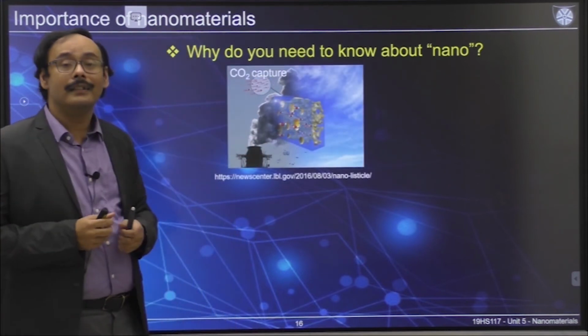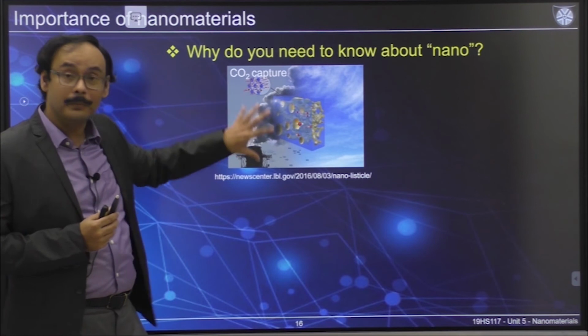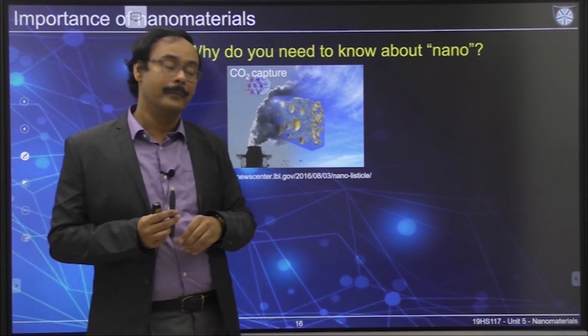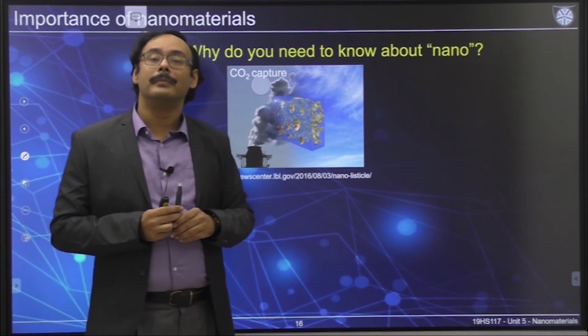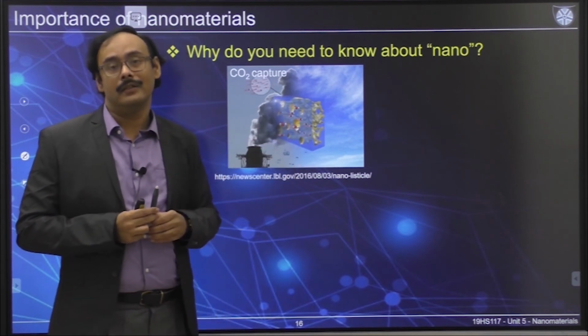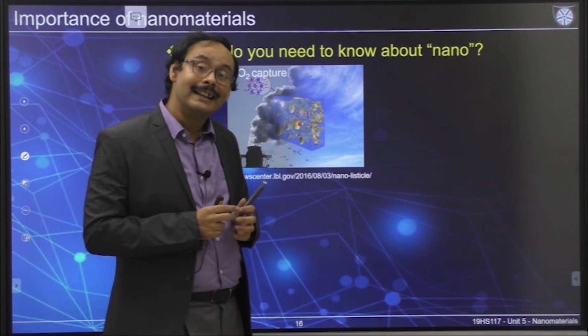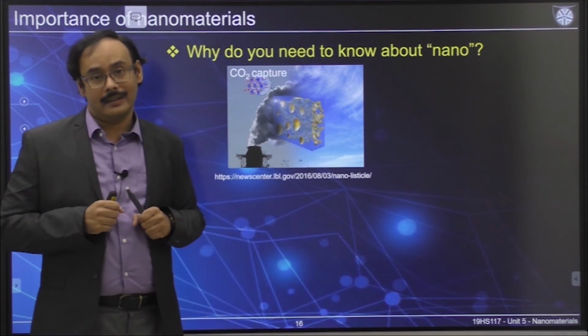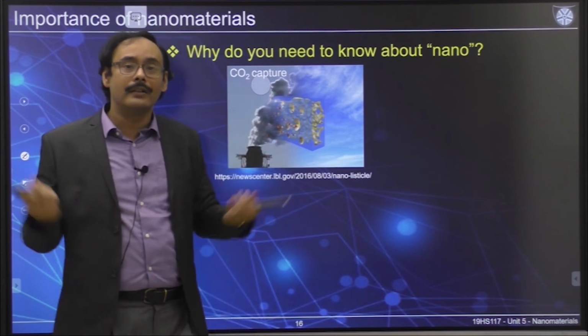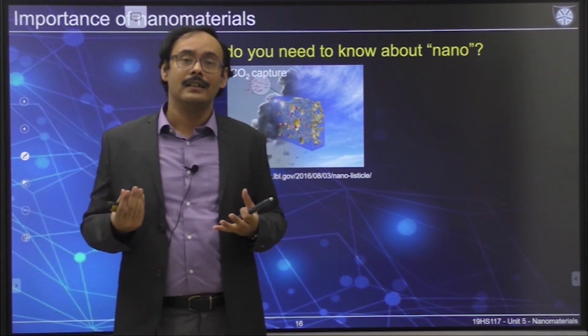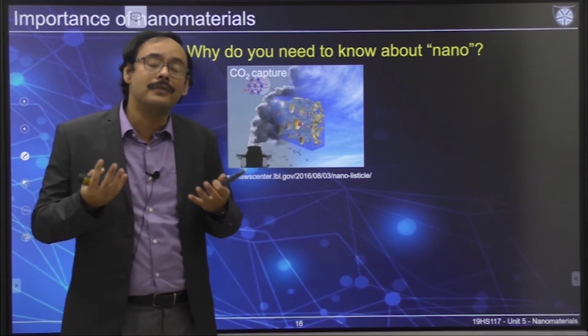This one is done by chemists at Berkeley. They have made a membrane of nanomaterial which can capture carbon dioxide, and that's huge because we all talk about greenhouse gases, right? Carbon dioxide is not good for our health.